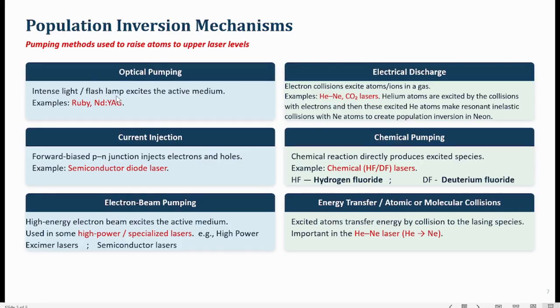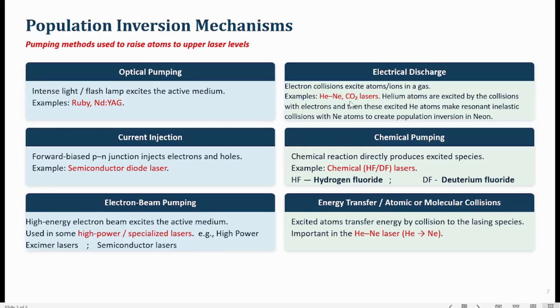A xenon or argon flash lamp shines intense light over the active medium, and the atoms of the active medium are raised to the higher level, and then emit laser light. So in case of Ruby and Nd-YAG laser, optical pumping is used to create population inversion.